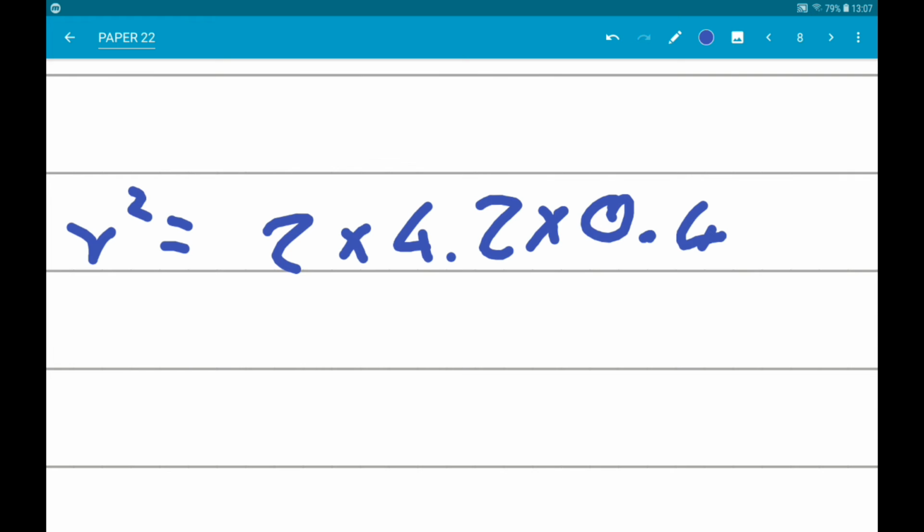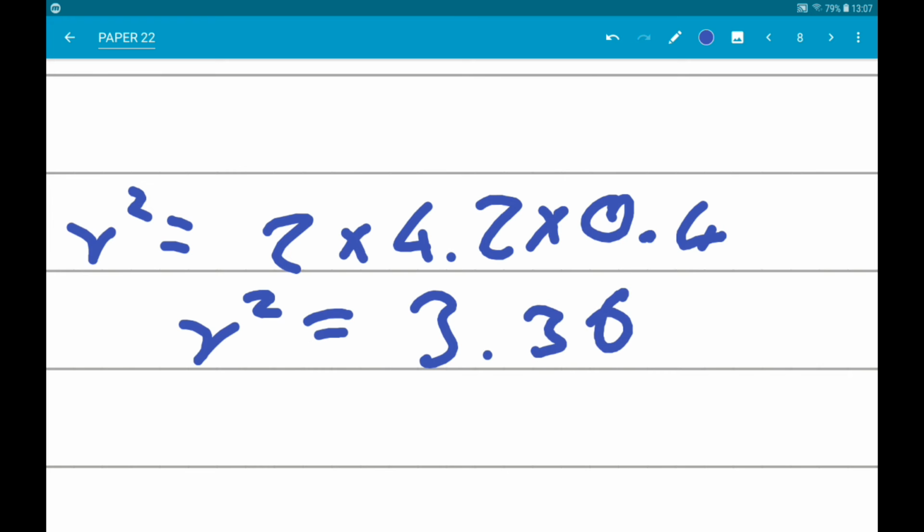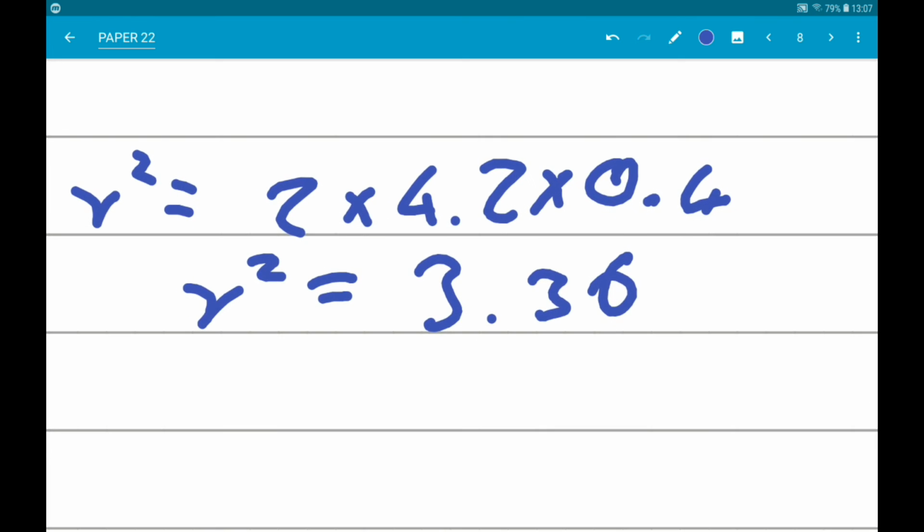Now that gives us v squared is 3.36, just 3.36 for now. Square root, and we get v is 1.83 meters per second.